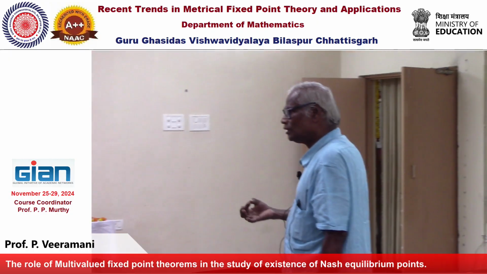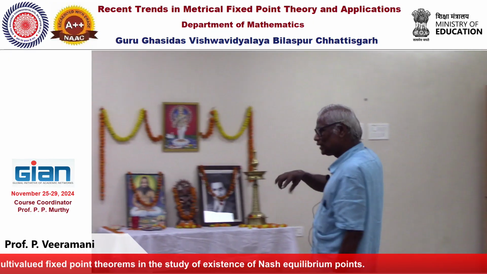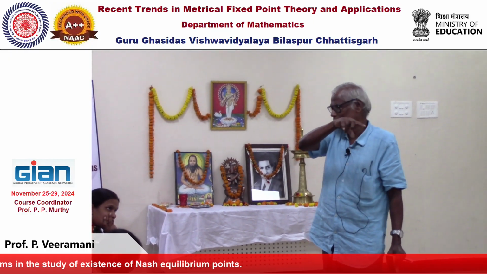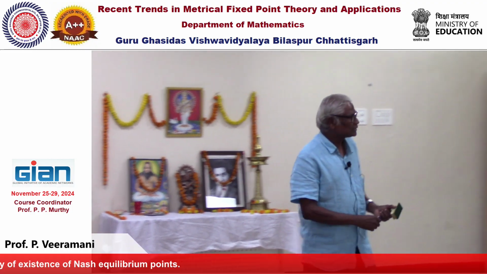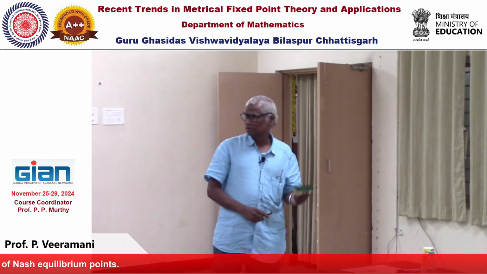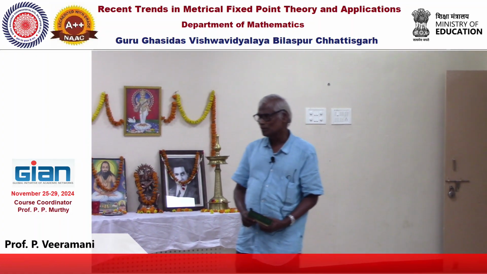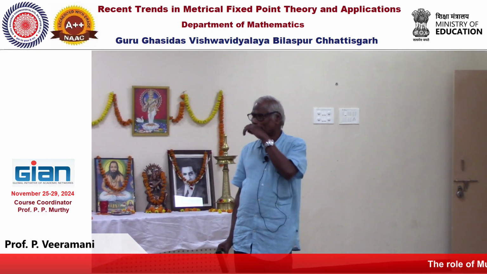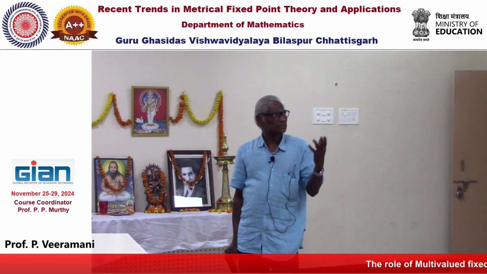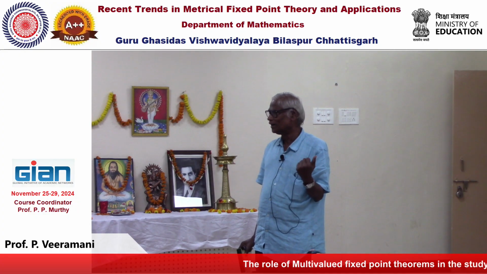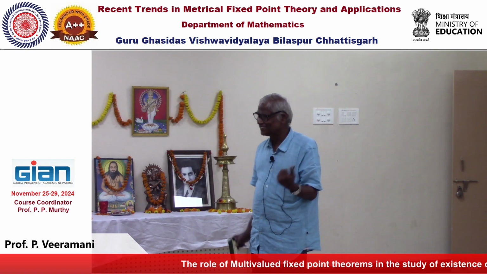Now, is there a relation between x naught, y naught and this set? Essentially x naught, y naught is one point, and the image is another point.